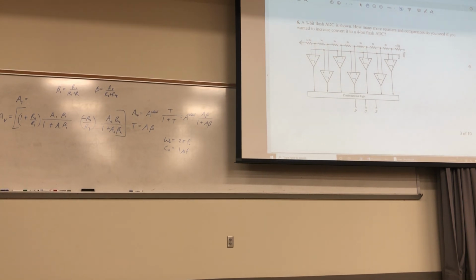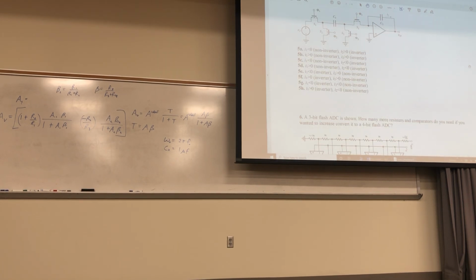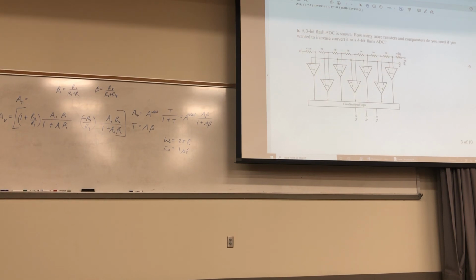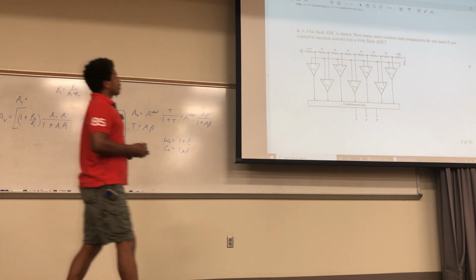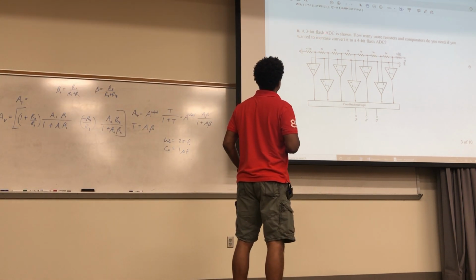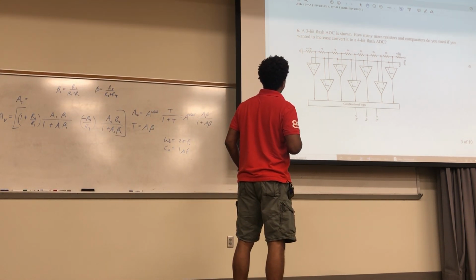Okay, on this one, it was the first one, 5A. For this, you have a 3-bit flash analog to digital converter right here.